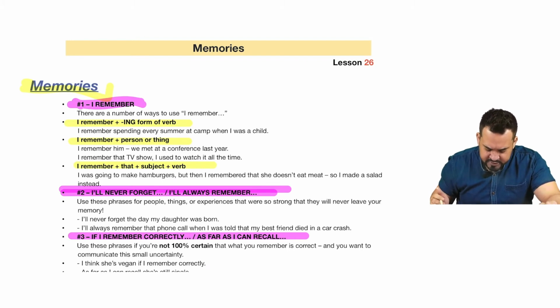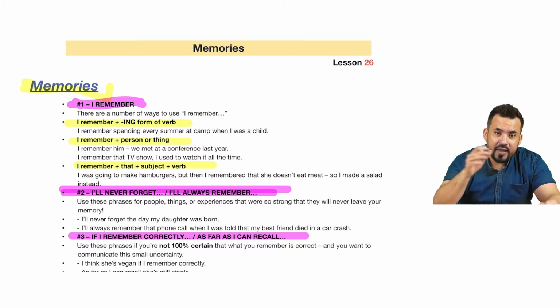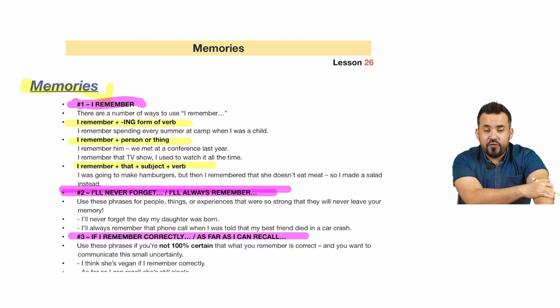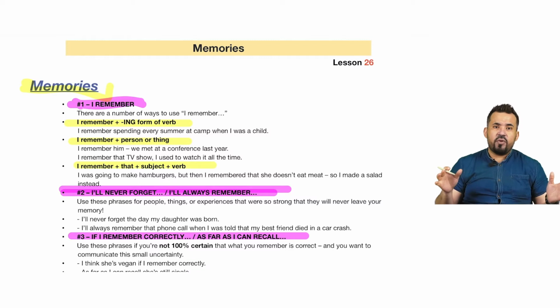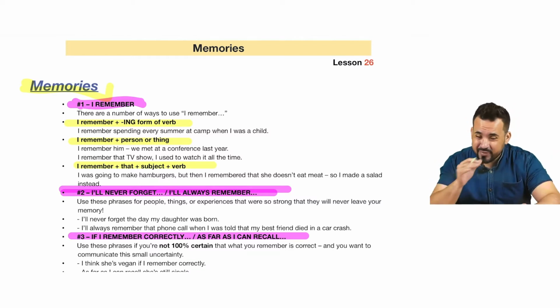Or you can say, as far as I can recall, he was from India. I mean, I'm not 100% sure where he's from, but I'm pretty sure he was from India.